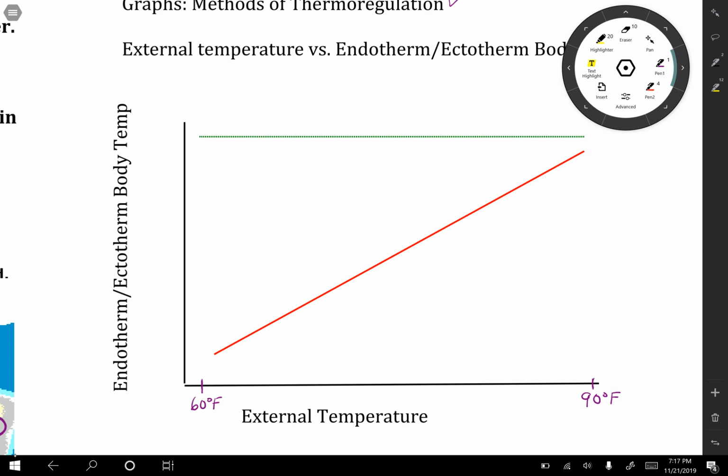What happened there: your endotherms, your birds and your mammals, their body temperature remained fairly constant. But your ectotherms, as the external temperature increased, so did their body temperature, things like reptiles, amphibians, and things like that.